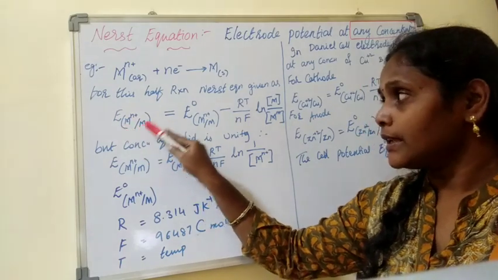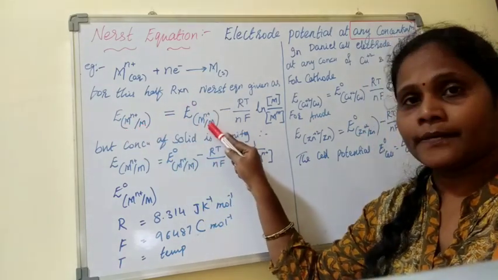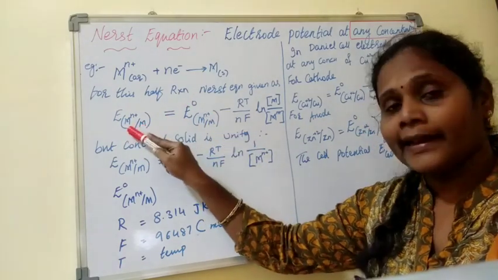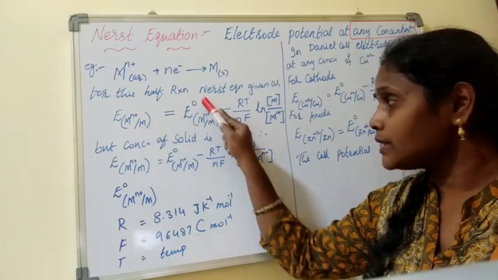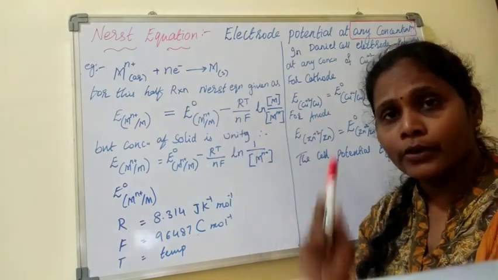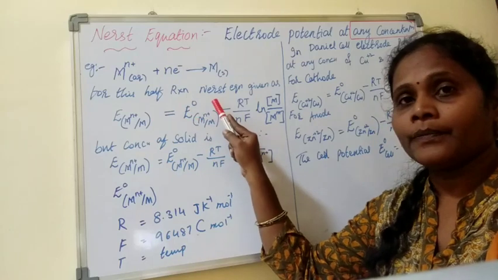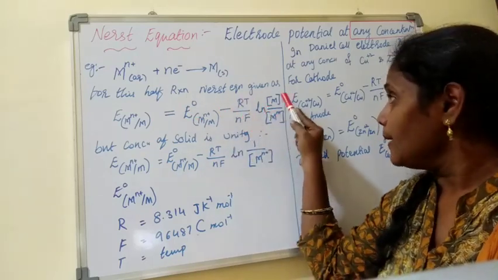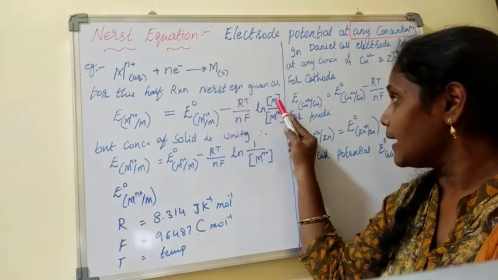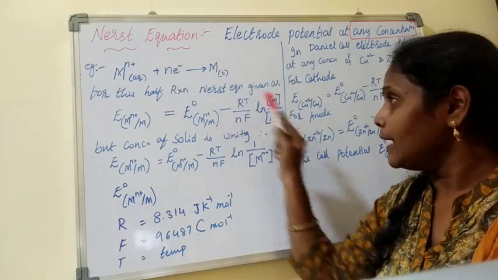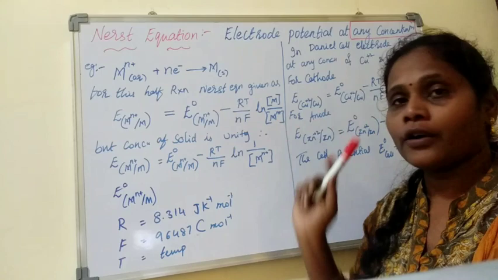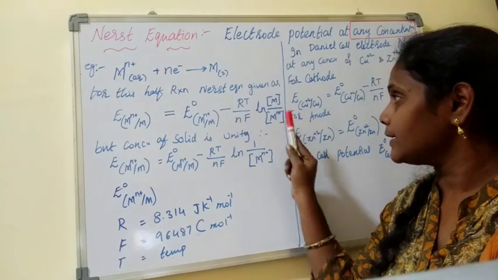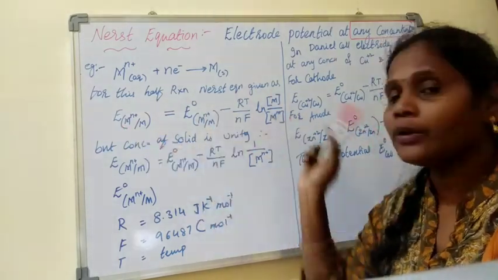E cell equals E naught cell. E cell at any concentration, E naught cell means only 1 molar at 298 Kelvin temperature, minus RT by nF ln of products by reactants, metal by metal ion M^n+. Products by reactants.